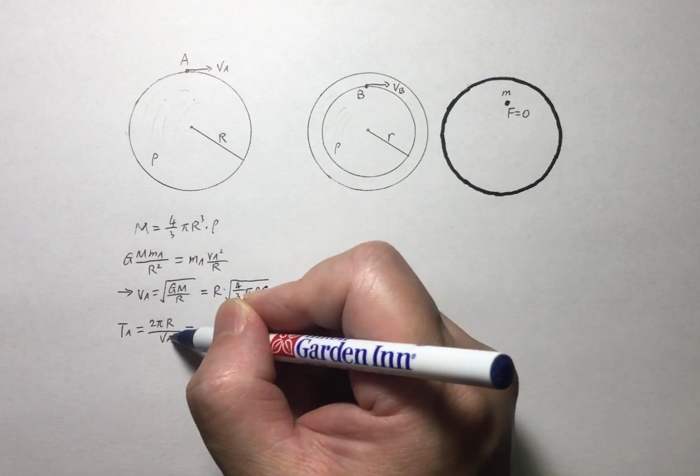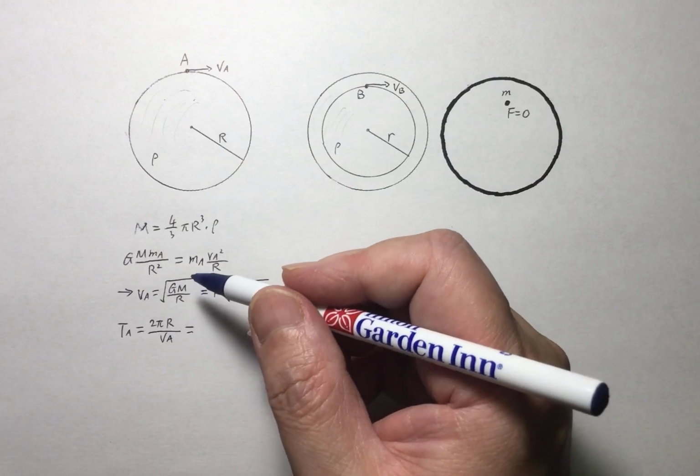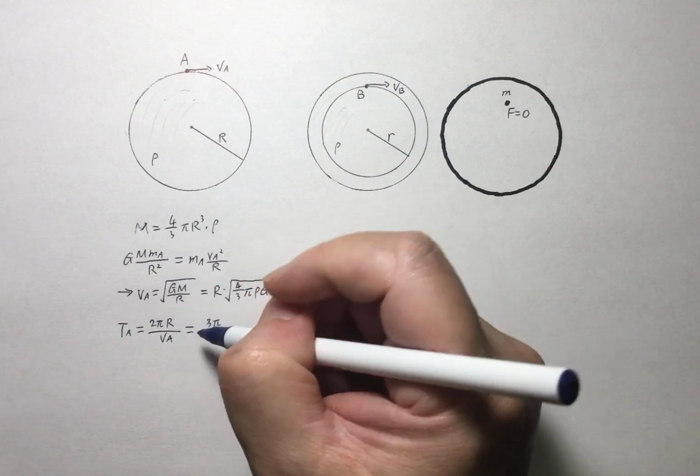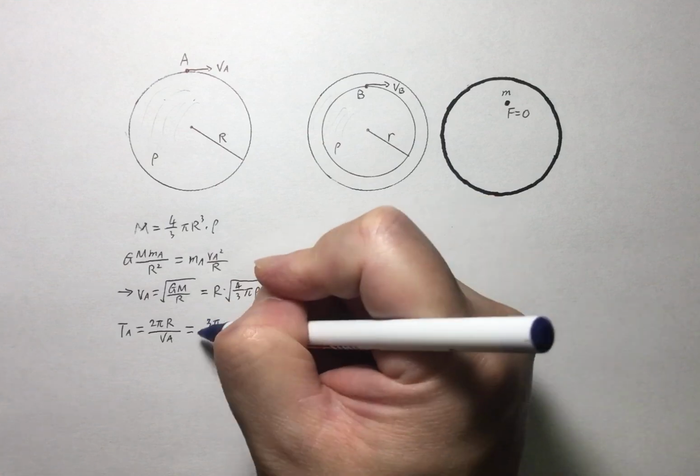Then we plug VA here, so the final answer is the square root of 3 pi over rho G.